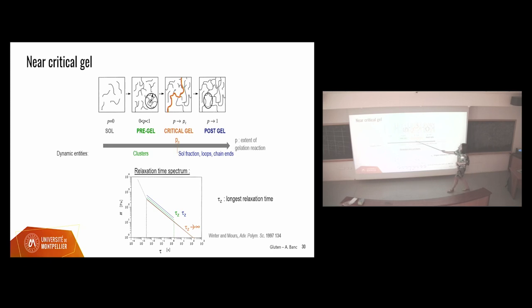Whereas for the pre-gel, the longest relaxation time is associated to the largest cluster. So the relaxation time spectrum is truncated here at tau z, which represents the longest relaxation time in your sample. Equivalently, in the post-gel system, the relaxation spectrum is truncated.